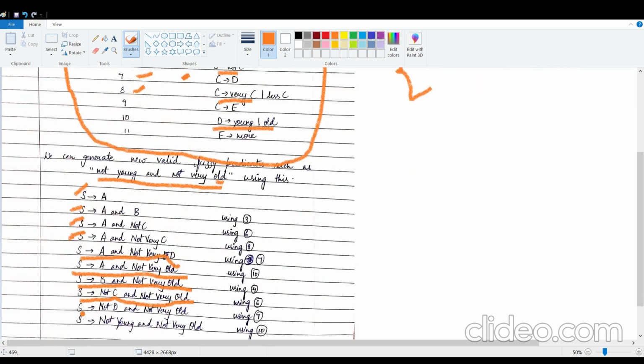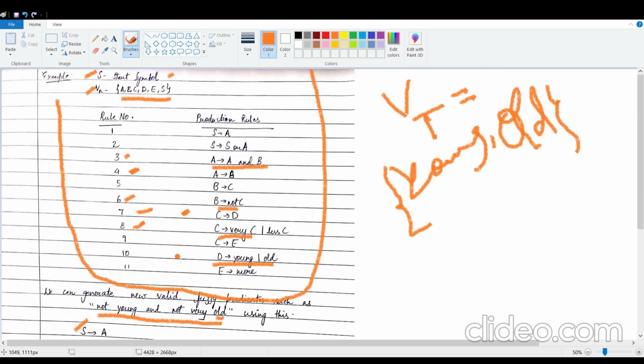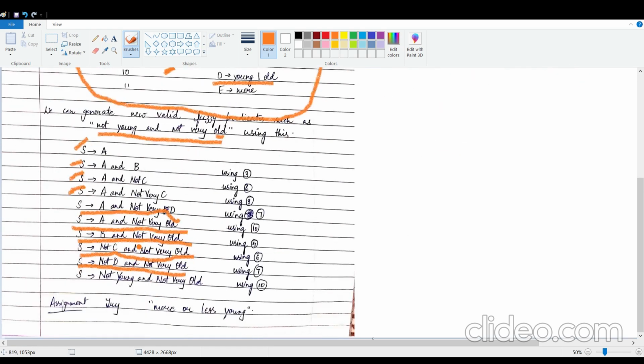So this becomes S implies not D and not very old. Now I can replace my D with young, use my rule number 10. So I'll get S implies not young and not very old. So this is just a case of random substitution and then finding out whether the predicate that you want to come up with is a valid one or not.